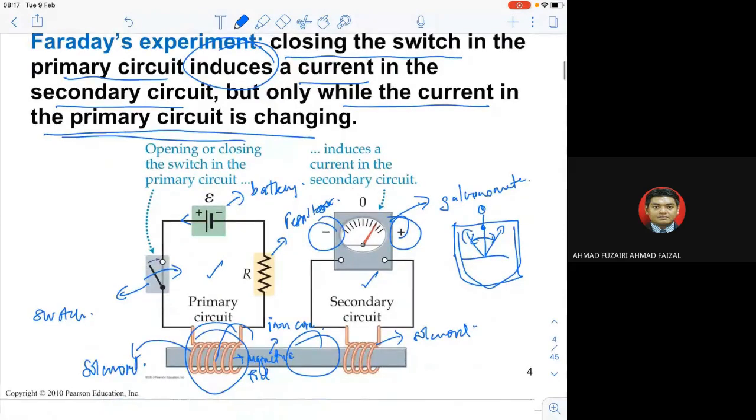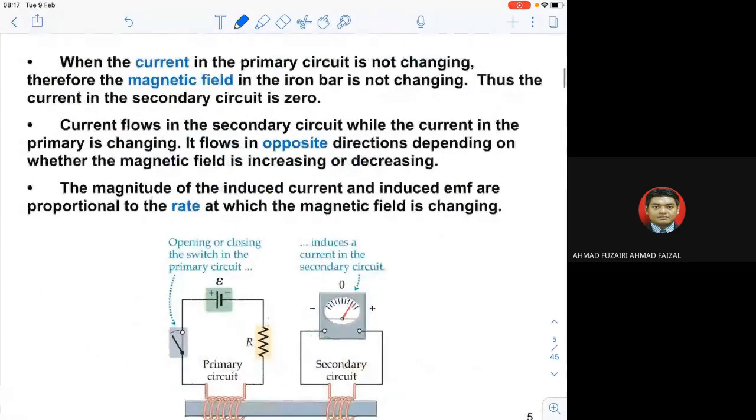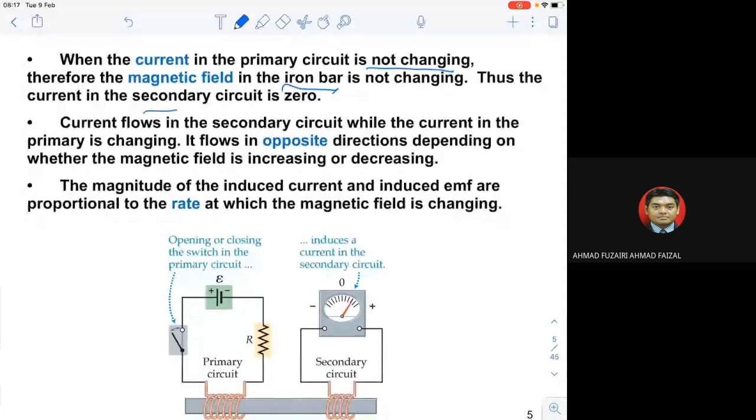So for the details of the experiment, we can show here. When the current in the primary circuit is not changing, the magnetic field in the iron core is not changing either. Thus, the current in the secondary circuit is zero.